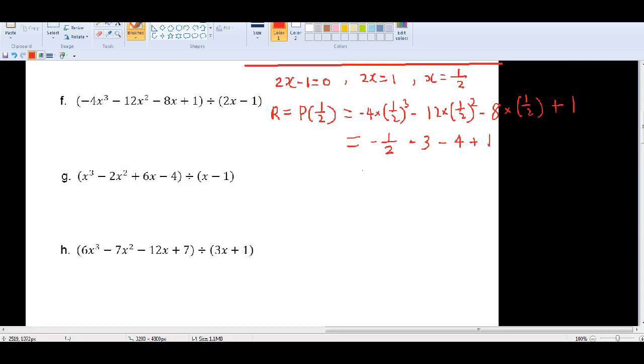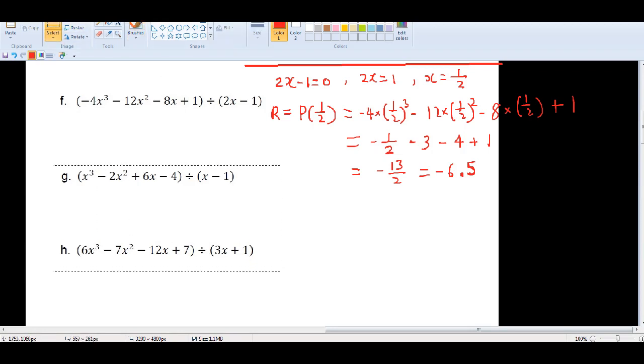So what do we get from this? There are two ways to do it. You might have this one, or you might use a decimal number as -6.5. Both are okay. All good?